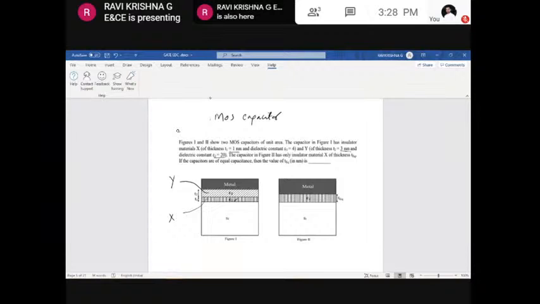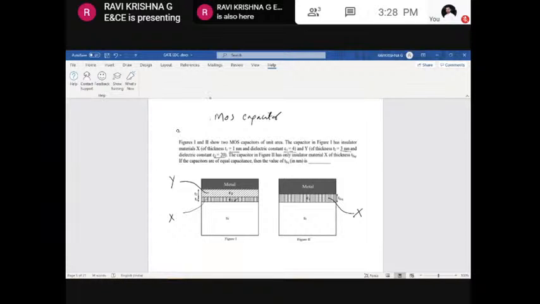Now come to the second figure. This is also a MOS capacitor, but instead of two dielectrics, we have only one insulator, of material type X, which means it is also of X type, whose dielectric constant is the same, 4, because for this particular material the dielectric constant remains the same.